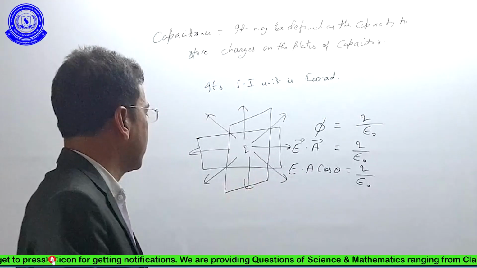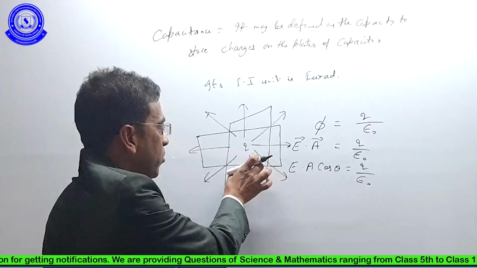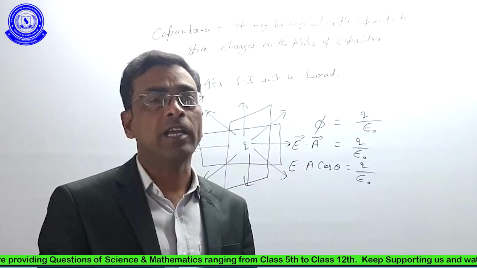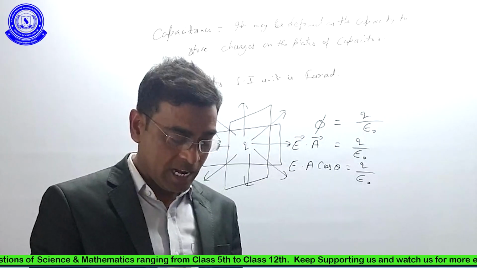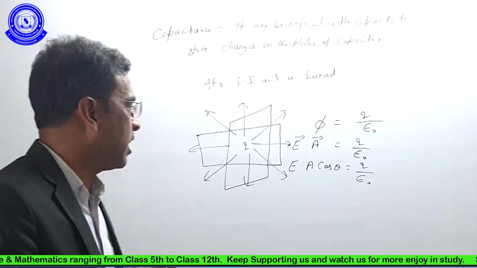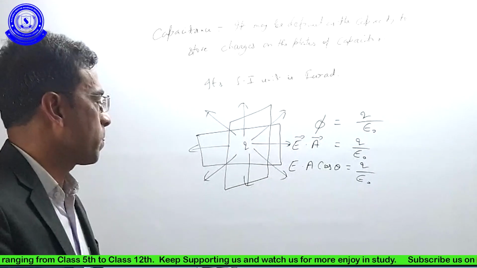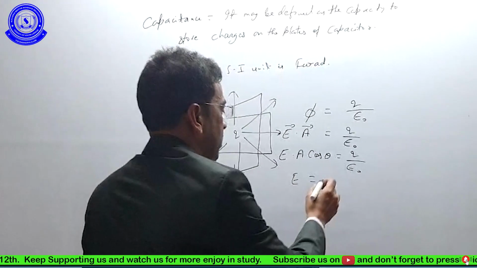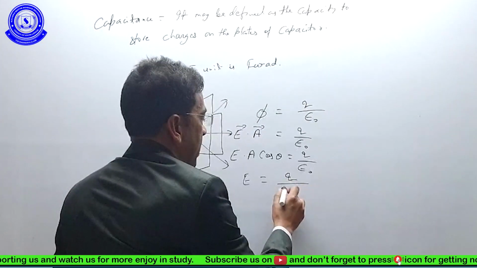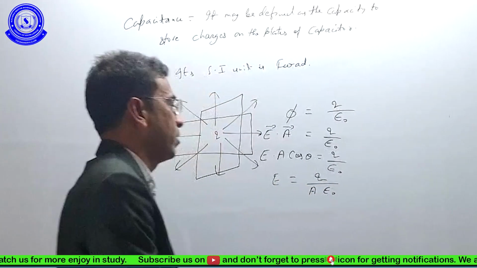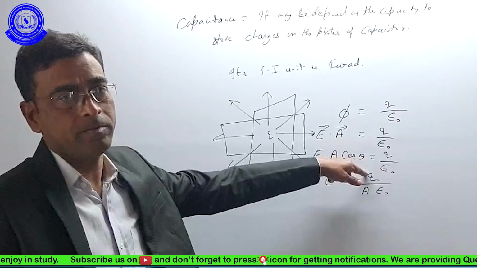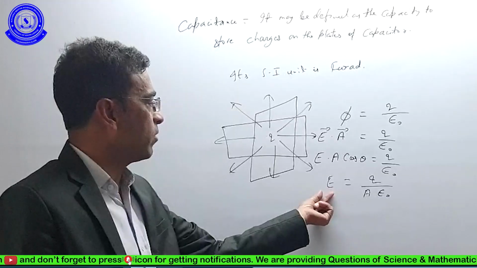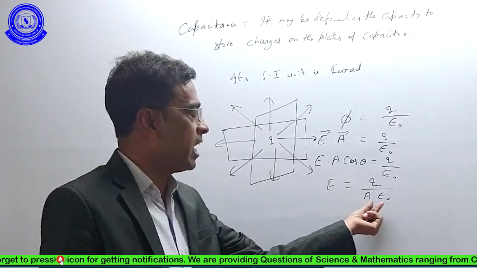So the electric flux is not countable for the y axis, it is only countable for the x axis, and we have to find the electric field. Then we have the formula Q by A epsilon naught. Here the angle is 0 degrees, so cos is replaced by 1, and our formula for the electric field is E equal to Q by A epsilon naught.